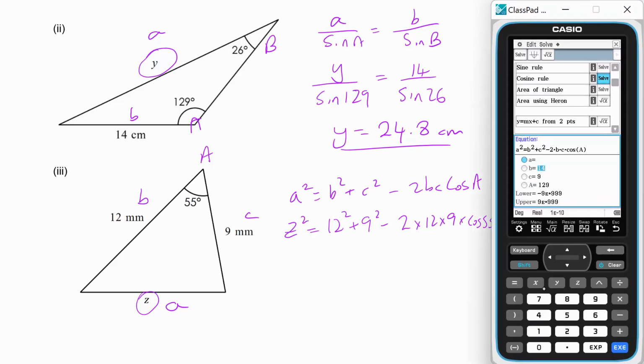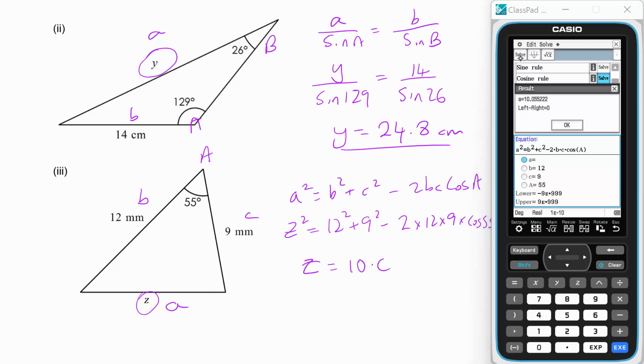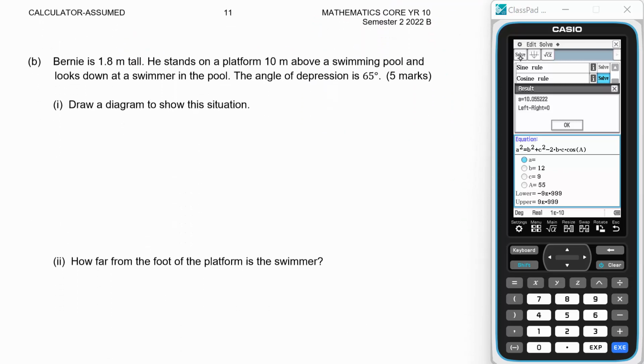So our B is 12, our C is 9, our A is 55, finding A, and it is 10.1. 10.1 millimeters to one decimal place. Okay, let's go down and look at this one.